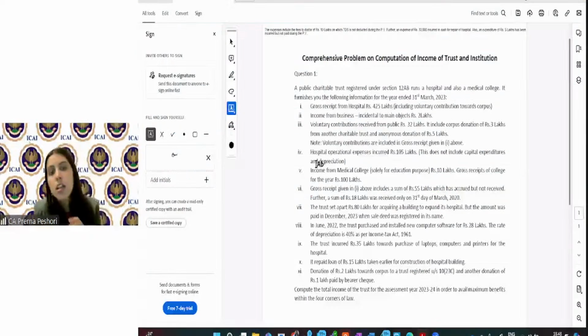Okay. Now in June 2023, the trust purchased and installed a new computer software for 28 lakh. The rate of depreciation is 40% as per the Income Tax Act. So what will happen in this case?